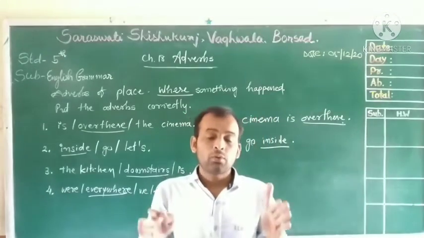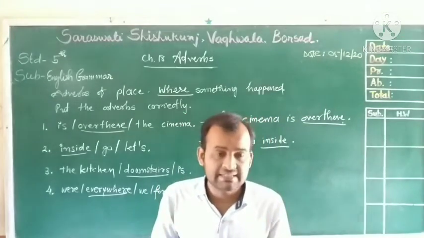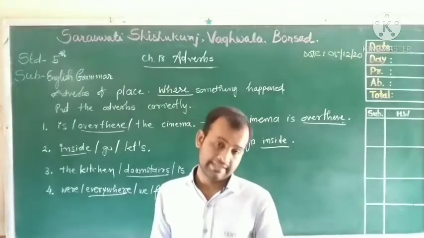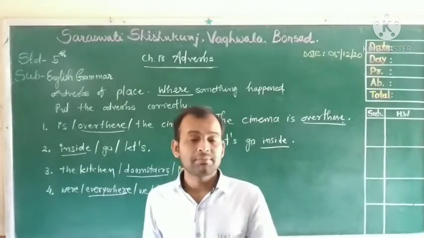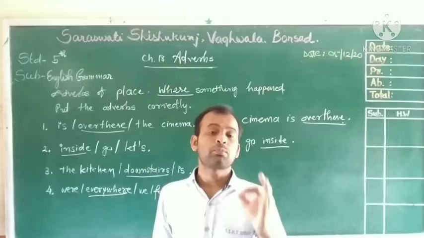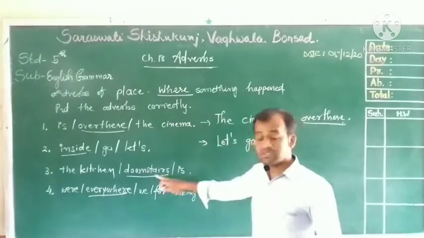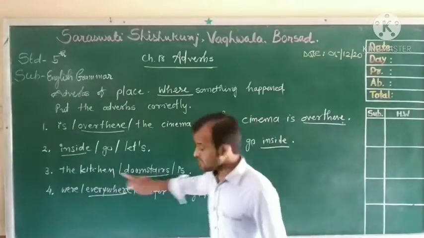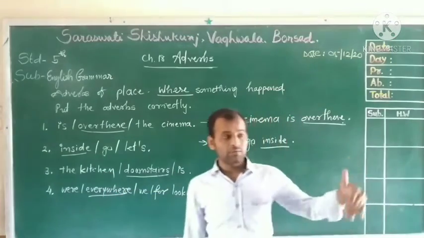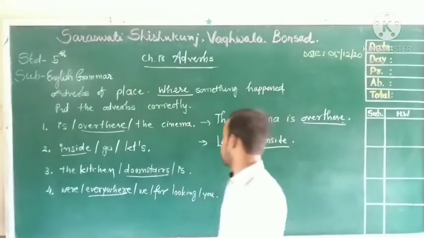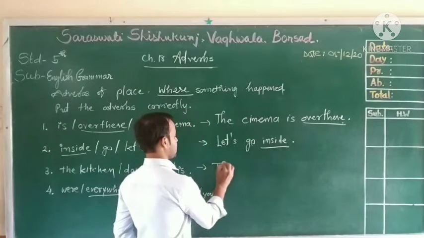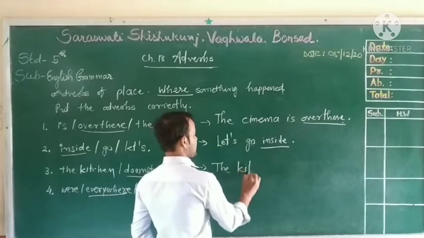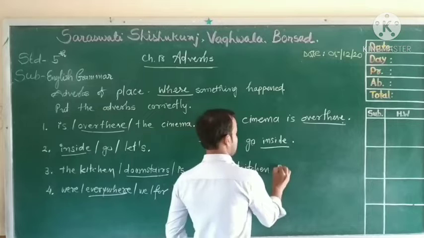We have to put all these words in proper order and make a meaningful sentence. And even the adverbs, we have to put in proper place. Downstairs, that is the adverb from the statement. The kitchen is downstairs. What will you say? The kitchen is downstairs. So answer is here.